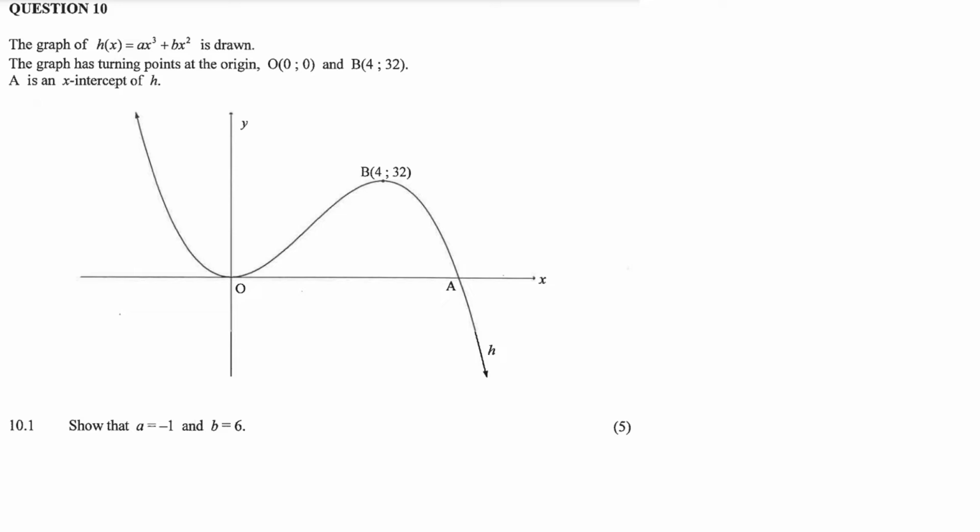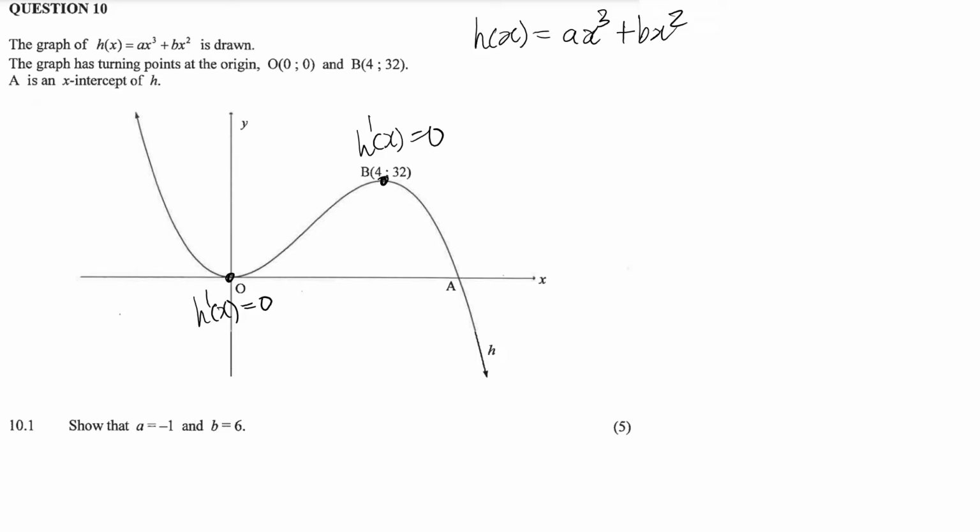All right, they want us to show that. So we are given in the question h(x) = ax³ + bx², right? What do we know? We are also given the turning points. So we know that the first derivative at the turning point is equal to 0. That is, the gradient at the turning point is 0.